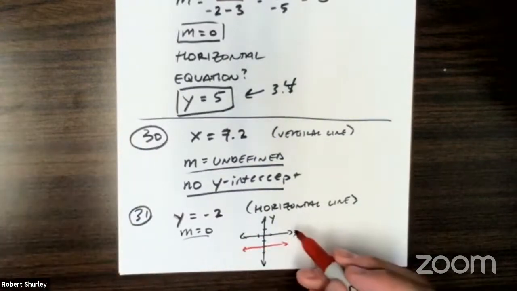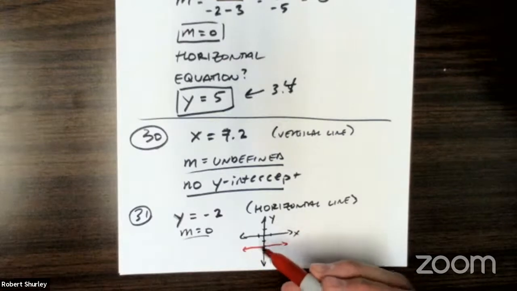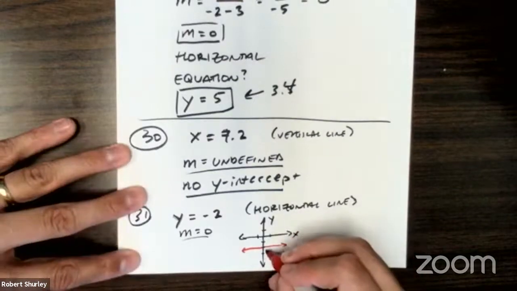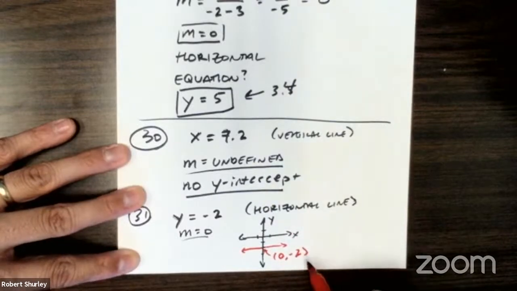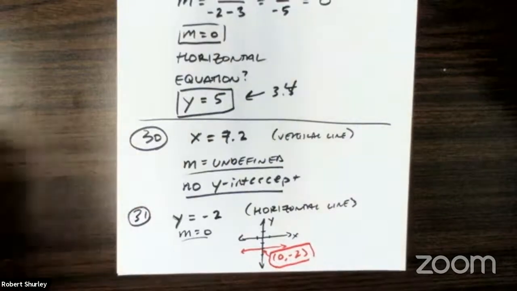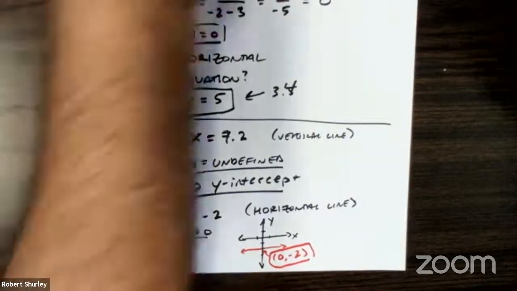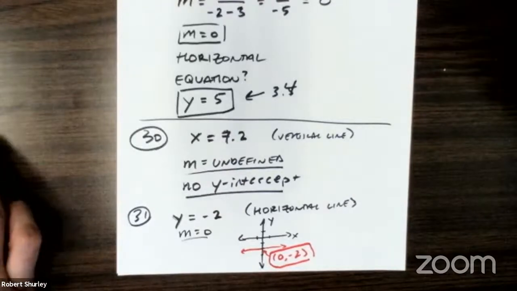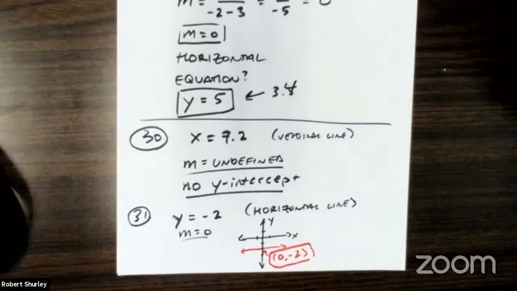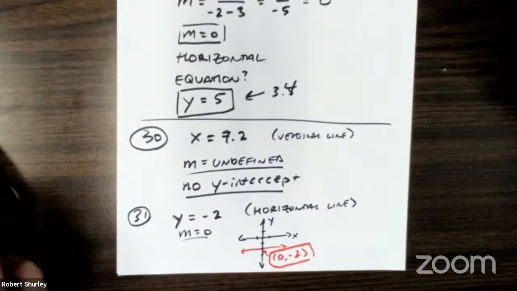It doesn't go through an x-intercept. It doesn't cross the x-axis, but it does go through the y-intercept right there. 0, -2. So that's going to be my y-intercept. Okay. Does that help? Cool.